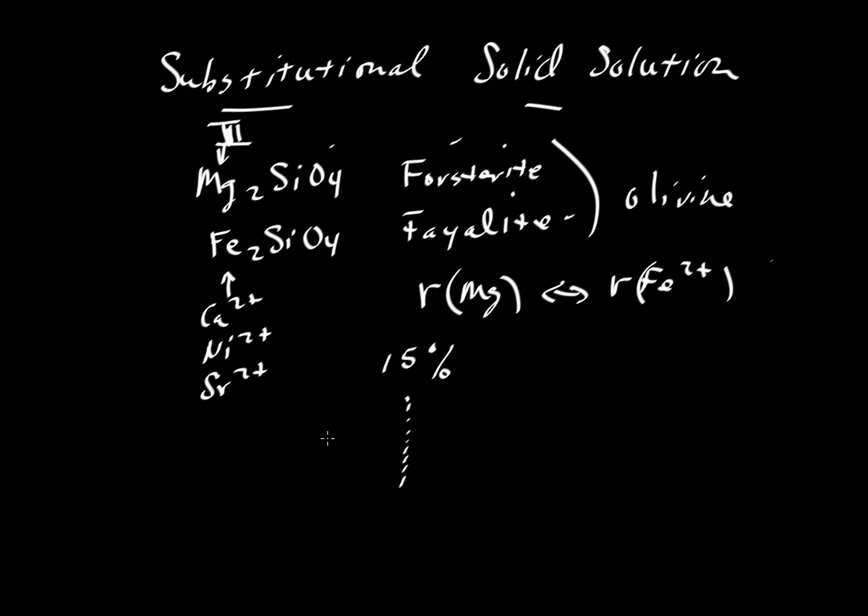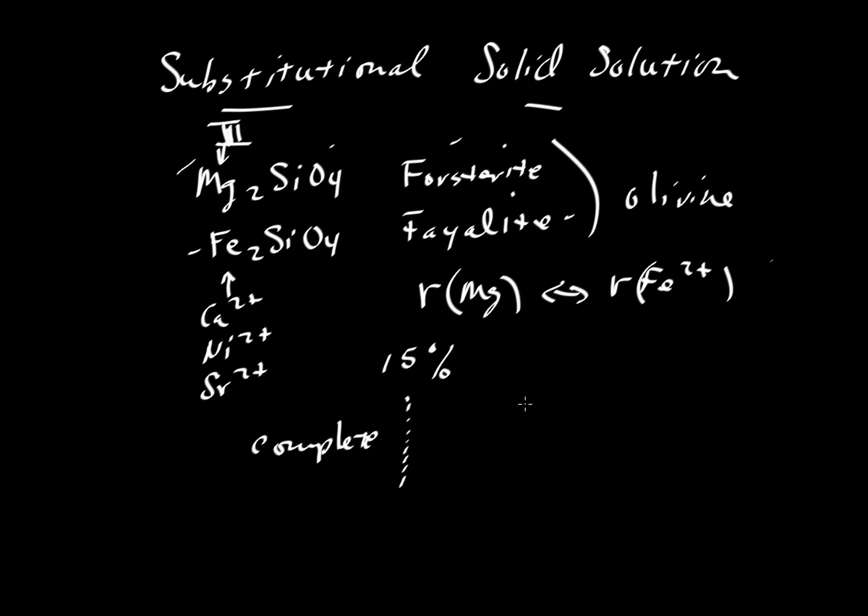If we're to the left of this, we have less than 15% difference in the radii, then we would have complete solid solution. That is, we can take as many magnesium or iron atoms as we like and mix them and match in any proportion that we like, from 100% magnesium to 100% iron or anything in between. And all those substitutions would be allowed.